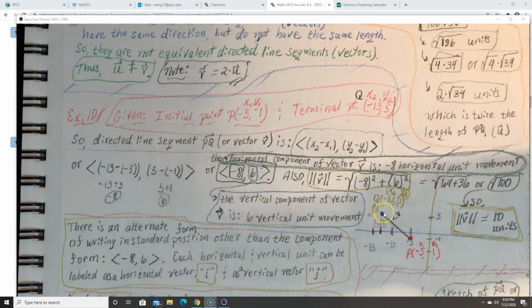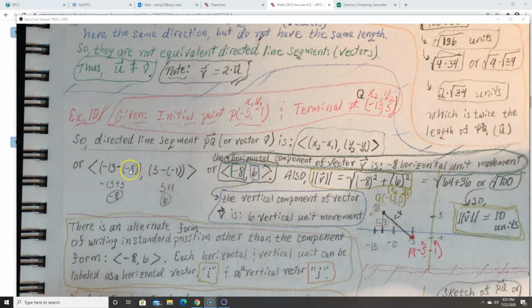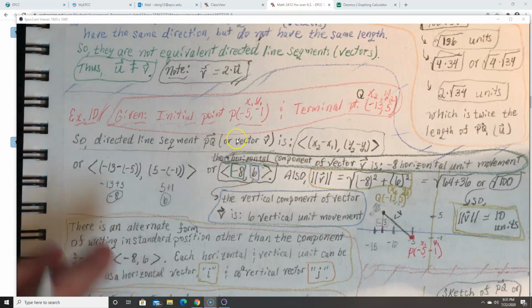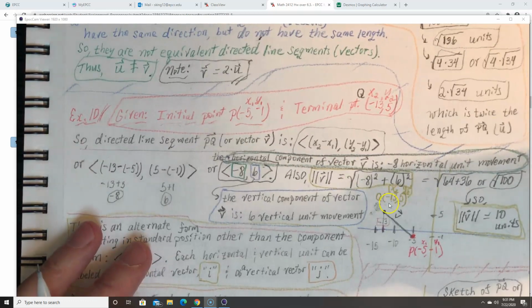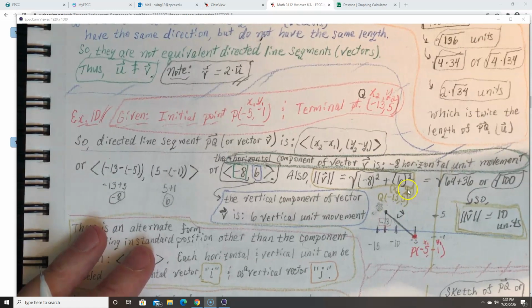Well, to get this magnitude, we use the distance formula again. I guess I didn't write it down, but remember the distance formula is the square root of x2 minus x1, quantity squared, plus y2 minus y1, quantity squared, all inside a square root.